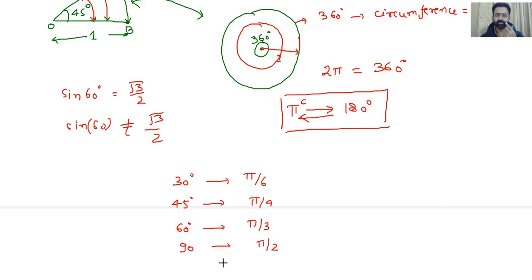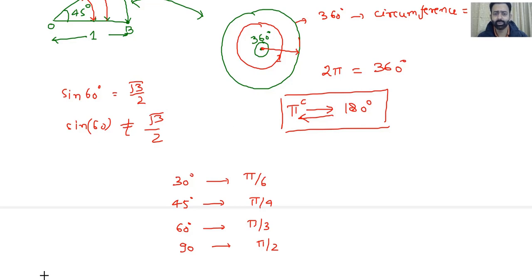Why am I using this? Because these are the basic angles normally used in solving trigonometric equations without a calculator. So these pi values should also be on your tips. Pi by 6 is not actually 60 degrees, it is 30 degrees. Students get confused that 6 is written, so they consider this as 60. No. All right, so this was radians and degrees.